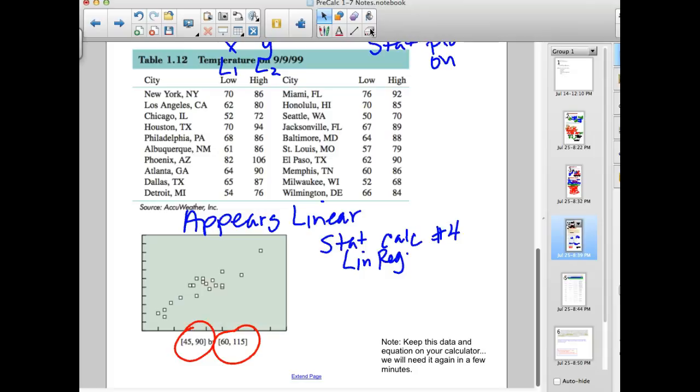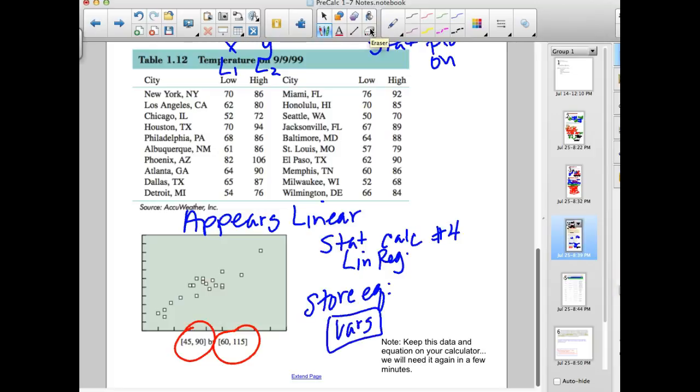What that's going to do when I hit enter here, it's going to calculate the line of best fit, but it's also going to dump it into my y equals screen so that I don't have to type it all. Okay, so in the store section, we did variables, that key. Then we went over to y variables, and then we chose function and y1, the first choice on each. Okay, hit enter.